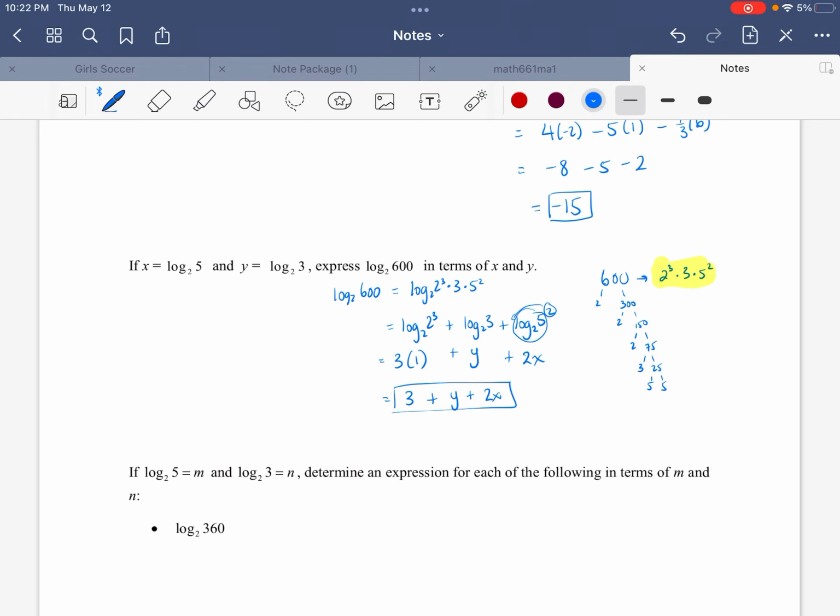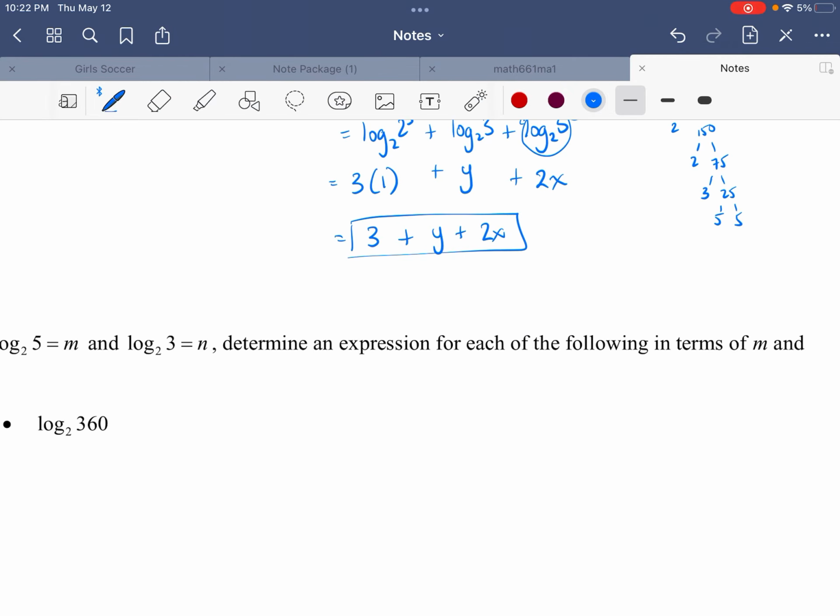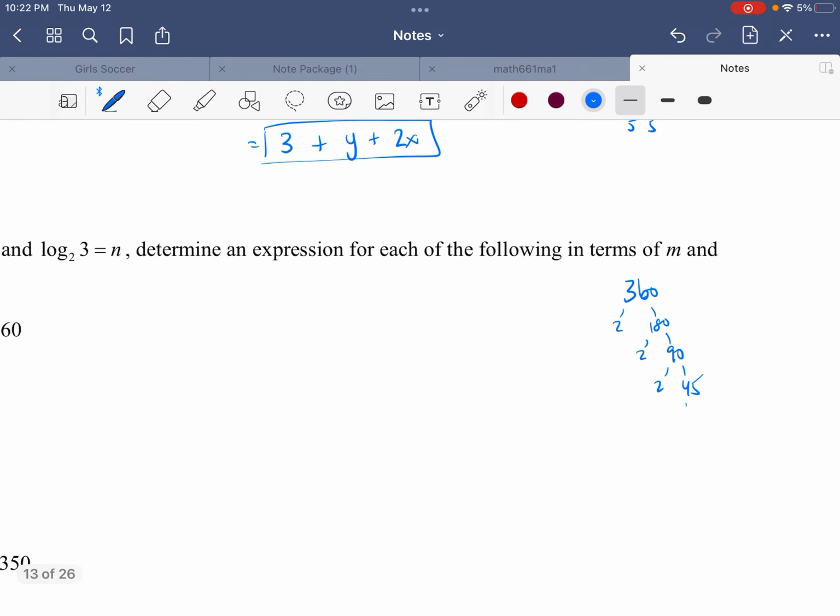Okay. One more substitution here. Let's prime factor 360. All right, so that becomes 2 cubed multiplied by 3 squared multiplied by 5.